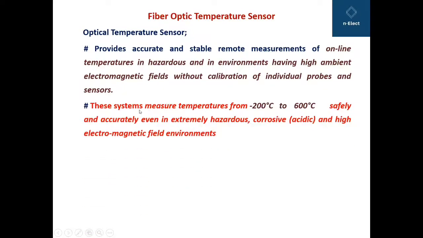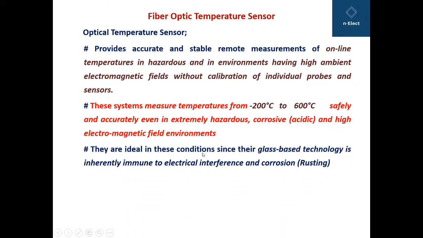You can just imagine that it can measure temperatures from minus 200 degrees Celsius to 600 degrees Celsius safely and accurately, even in extremely hazardous, that is dangerous, acidic, that is corrosive, and high electromagnetic field environments.